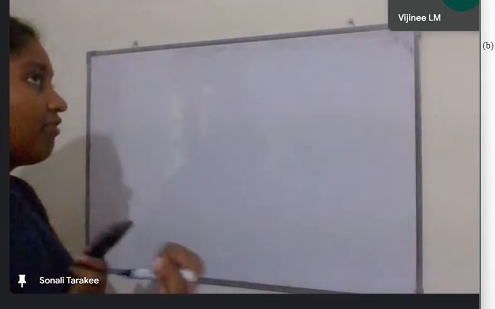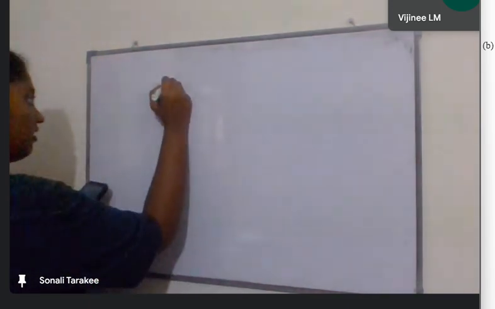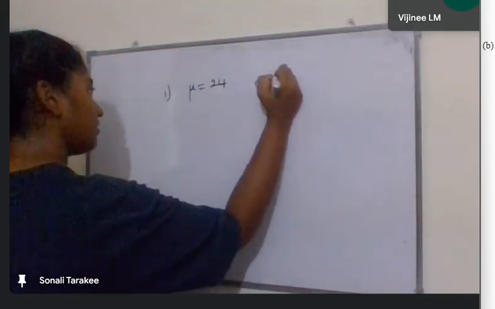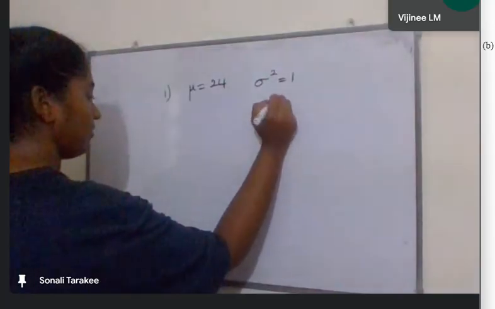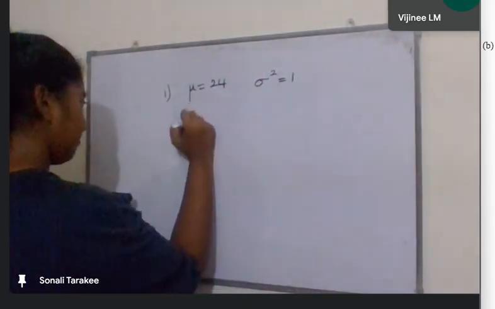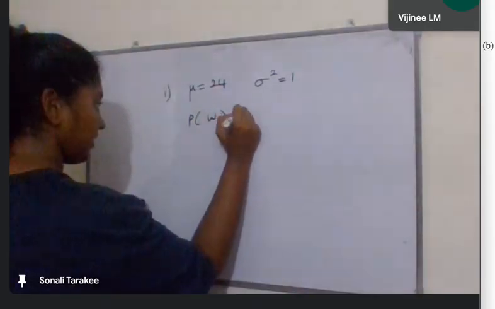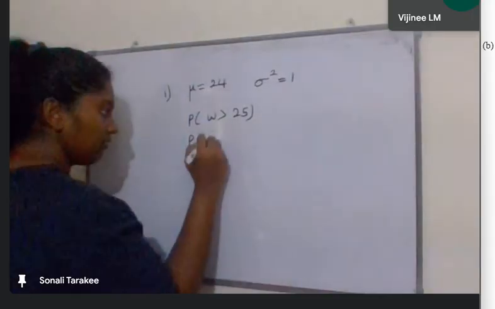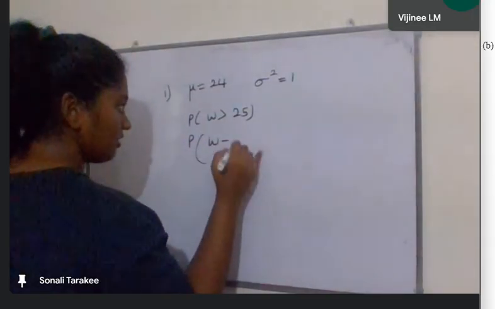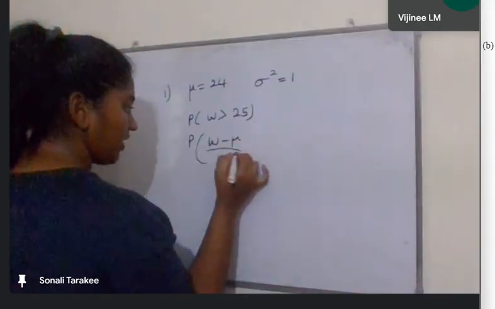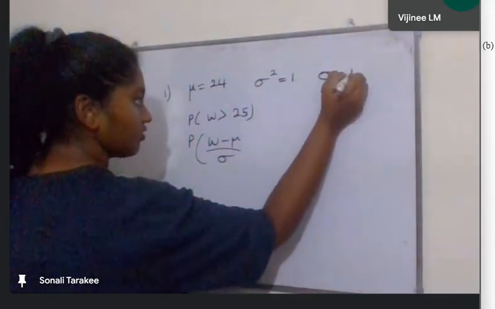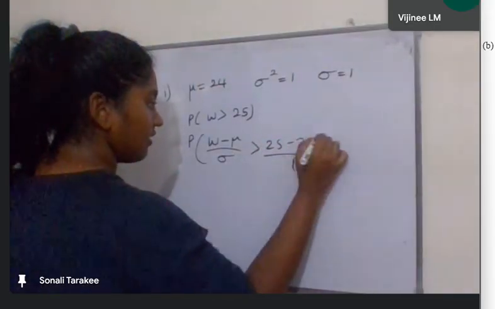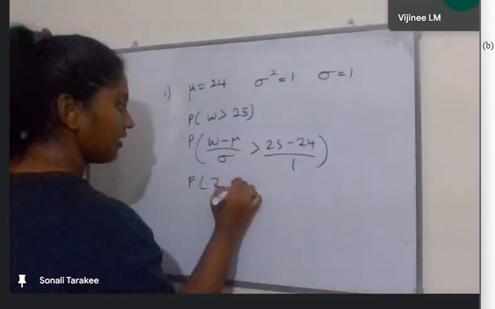Okay, straightforward question. Mean is 24 and variance is 1. Find P(W greater than 25). Convert into Z value. (W minus mu) over standard deviation. Here standard deviation is also 1. Greater than (25 minus 24) over 1. So P(Z greater than 1).